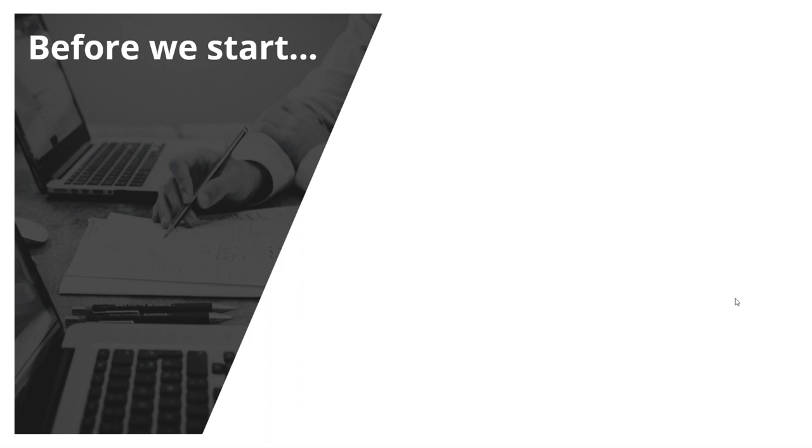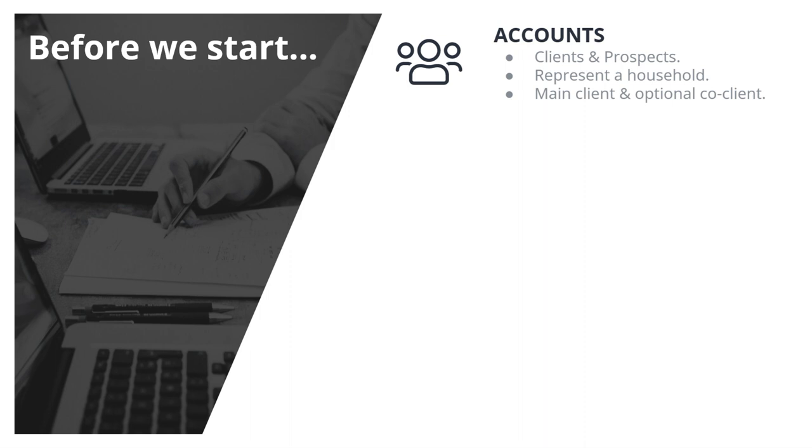Now, before we start, let's quickly talk about a few definitions or terms that you're going to hear or see often in this presentation. The first one being accounts. So accounts are your client or prospect household records. Other applications may refer to them as just clients or households, contacts, or records.